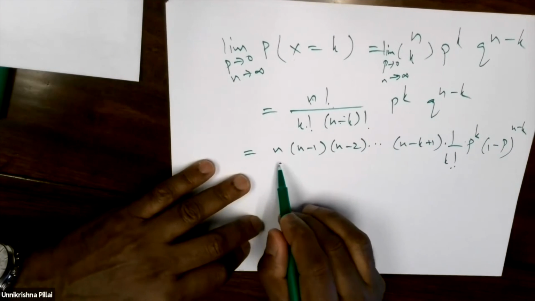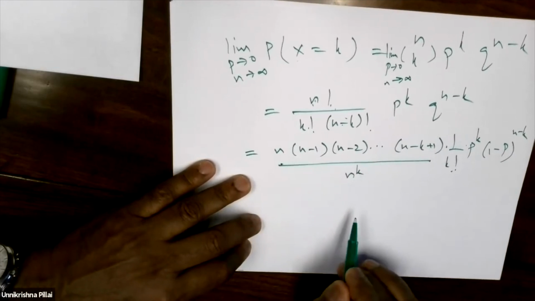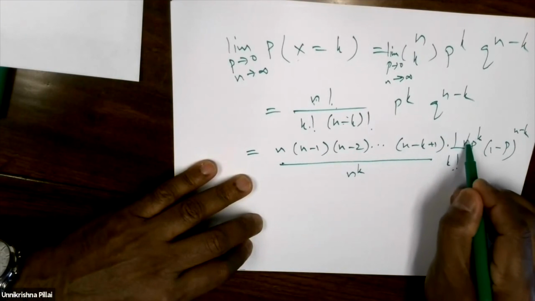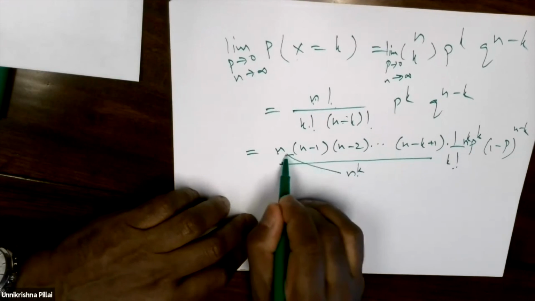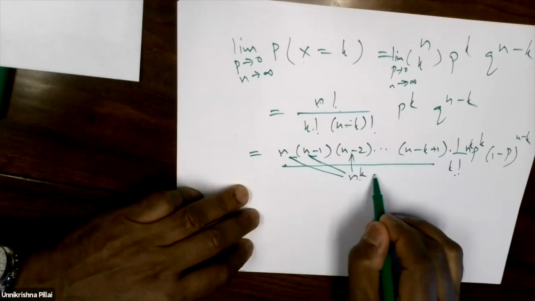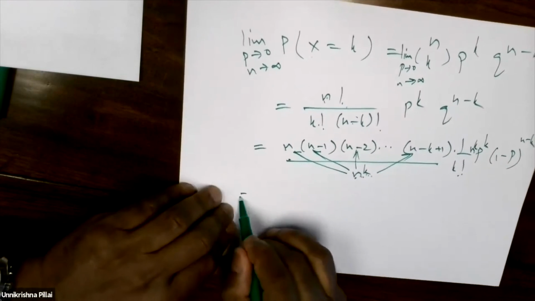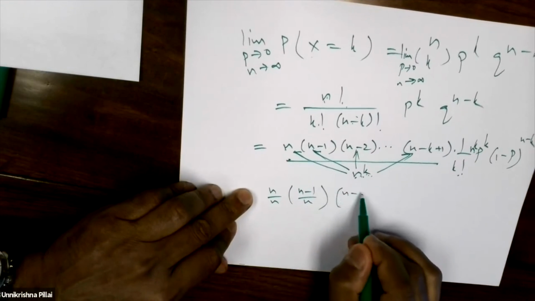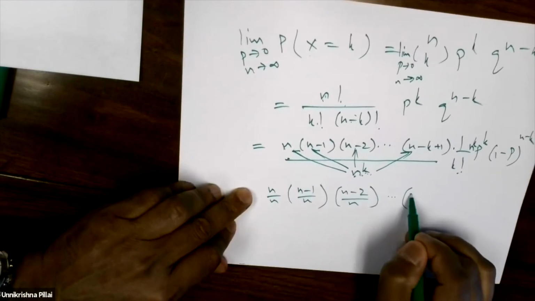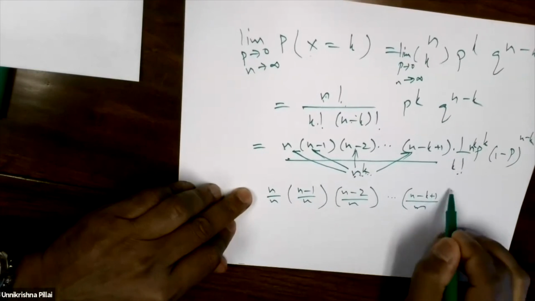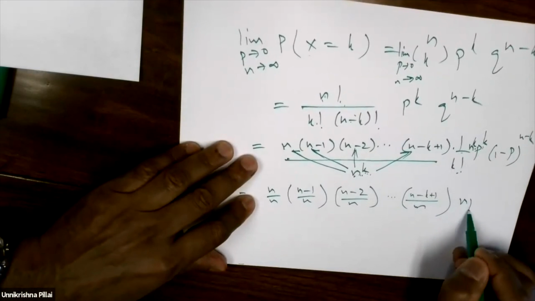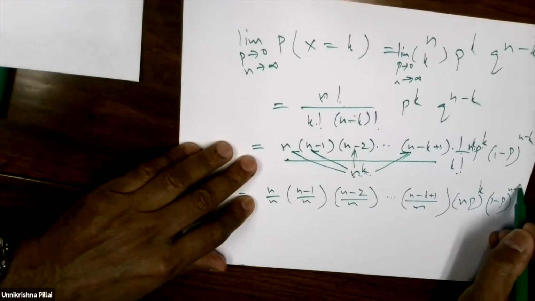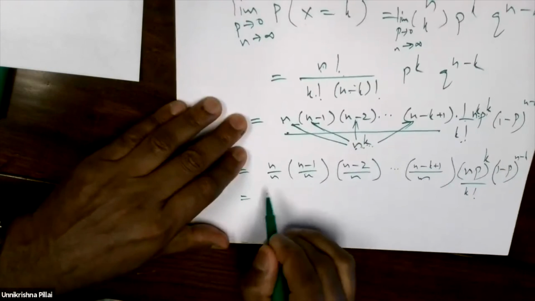Now watch what I'm going to do. I'm going to divide this by n to the power k, and I'm going to multiply by n to the power k. I'm going to take one n here, one n here, one n here, etc. So this is going to be n over n, n minus 1 over n, n minus 2 over n, etc. And here I have np to the power k, and here I have 1 minus p to the power n minus k, and there is a k factorial here. n over n is 1.